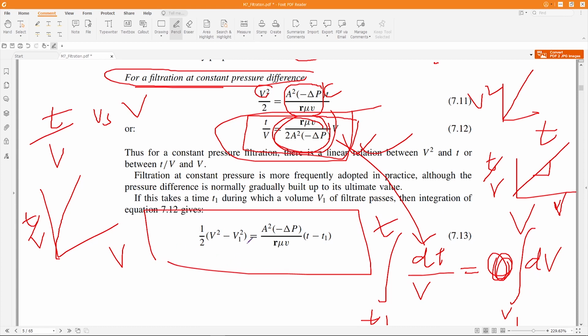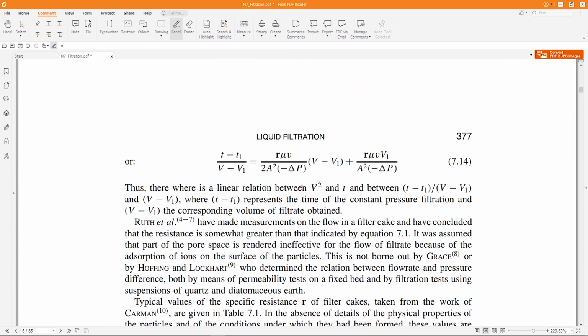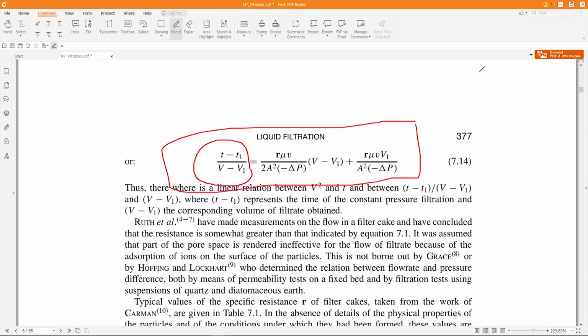You can rearrange this equation into this. If you plot T minus T1 by V minus V1 versus V minus V1, on the x-axis you have V minus V1, on the y-axis you have T minus T1 by V minus V1. You'll get something like this, and the slope will be equal to this.